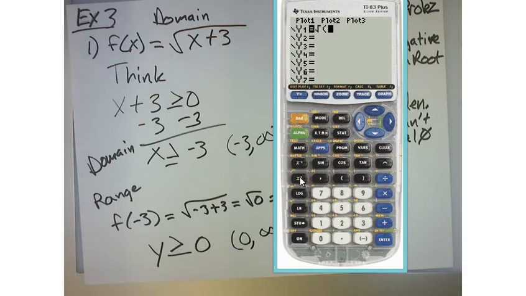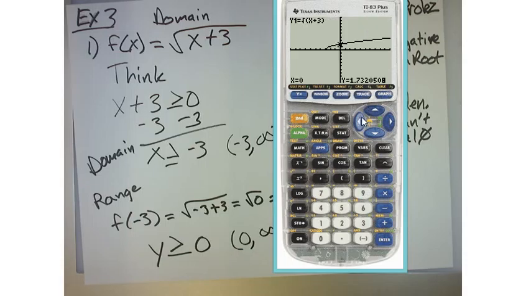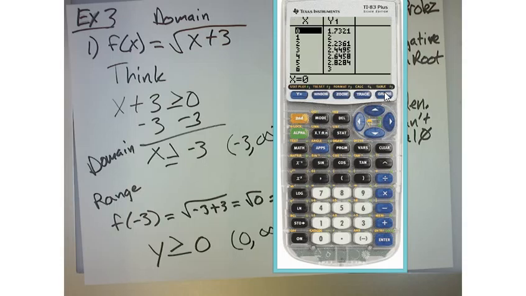So if I take the square root of x plus 3, plug it in, hit graph, notice as we follow the path of the curve, once I get to -3, it becomes no more. There is no corresponding y value. We could also look at the table of values as well.